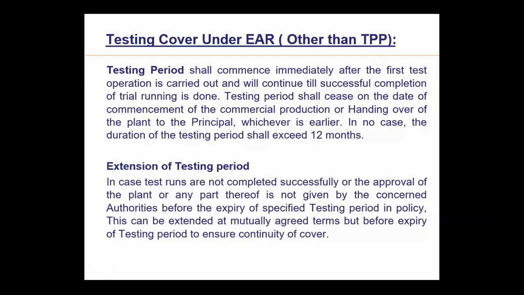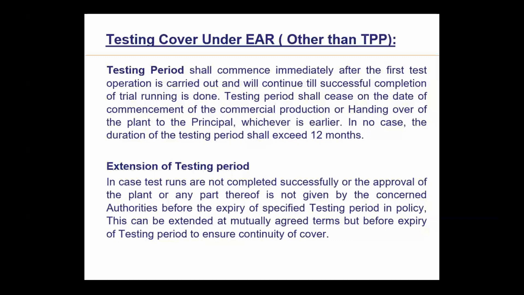How can you say this actually happened? We are asking for testing period extension and our reinsurers are telling us, my dear sir, 6 months back, see the TV news, these are the newspaper cuttings where it is declared. They have declared commercial production. Where is the question of testing? And you are asking for testing period extension. It was a difficult situation for any insurance company.